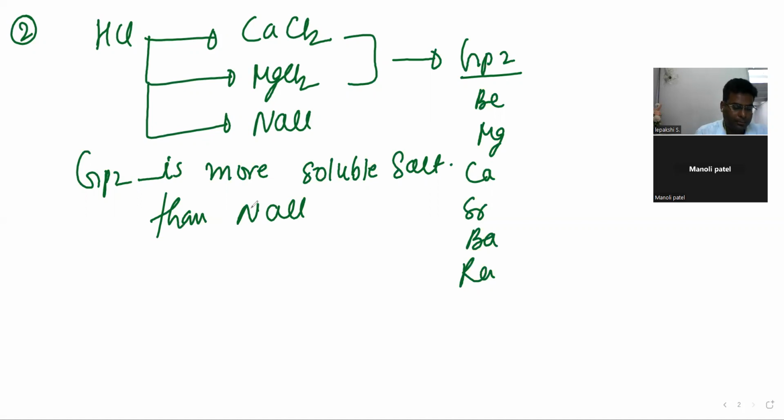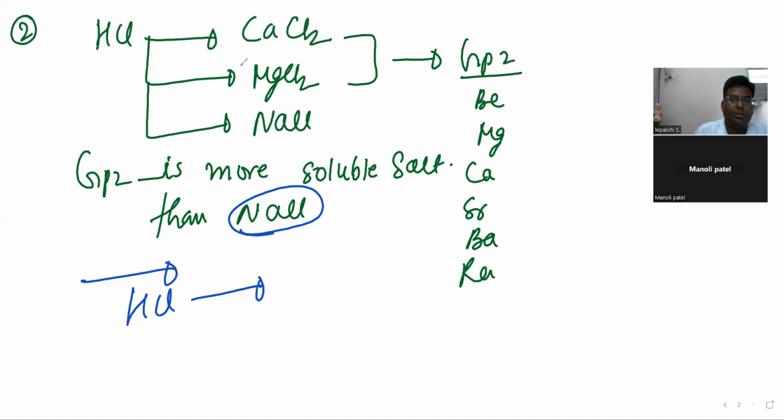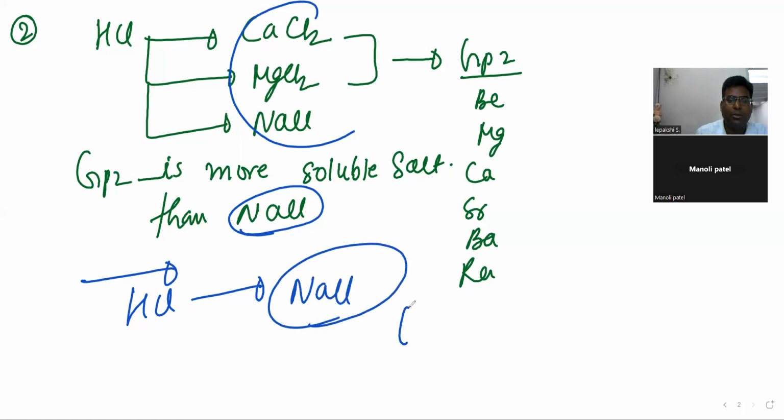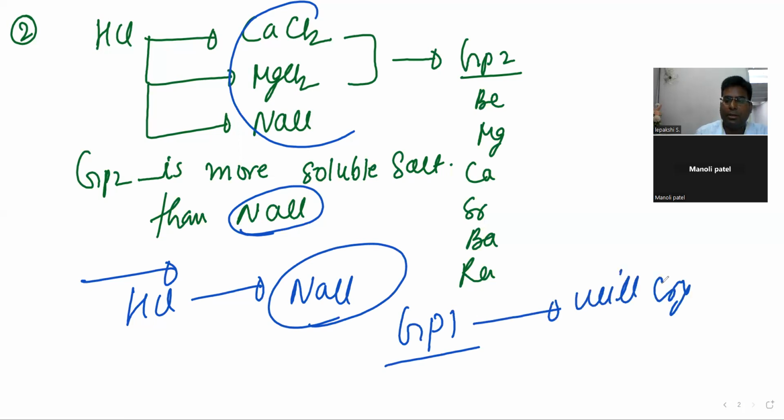So more crystals are formed of NaCl after passing the HCl. So when HCl is passed through all three salts, crystals of NaCl will be formed. So you can write the conclusion: group 1 will form crystalline solid.